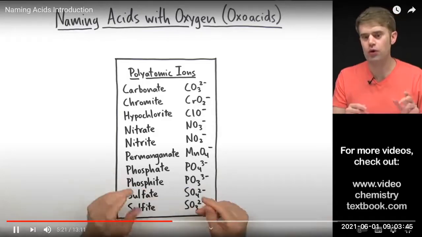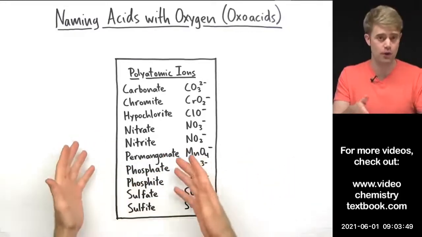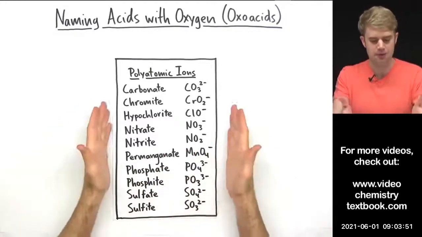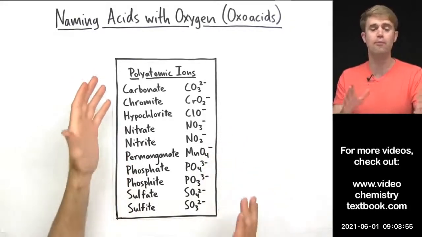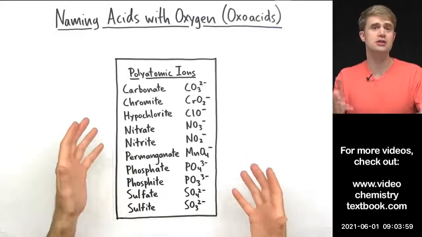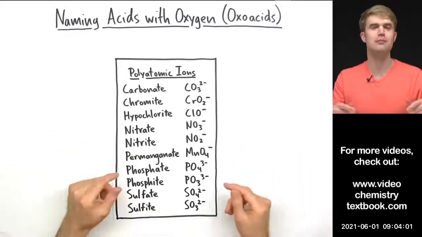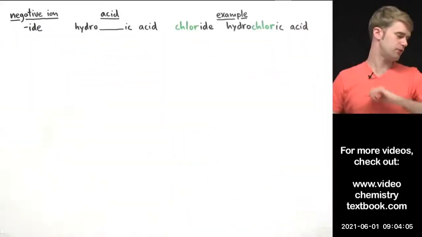Now, it's really important to be able to recognize the polyatomic ions so you know what to call them when you run into them. I'm going to be using this chart in the video, but I recommend that you memorize a whole bunch of the polyatomic ions. Hopefully your teacher can suggest a list for you to learn so that you'll be able to do problems like these. As we move ahead, here's just a little review of what we did previously.